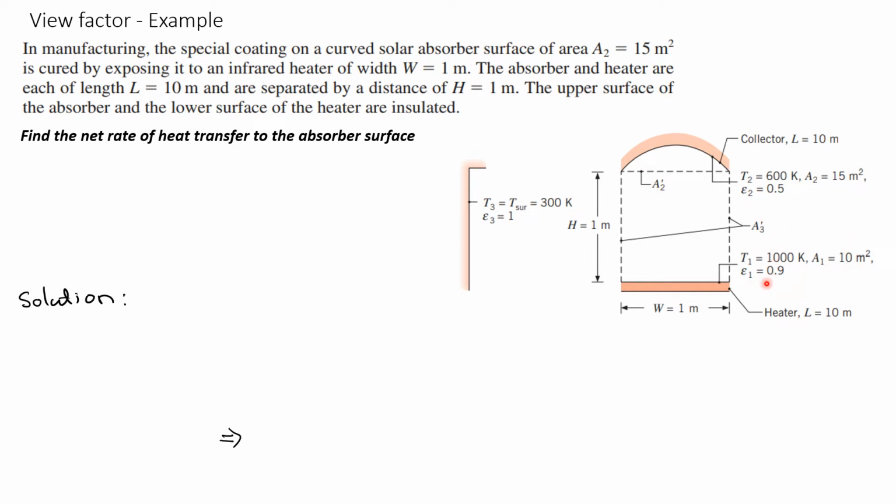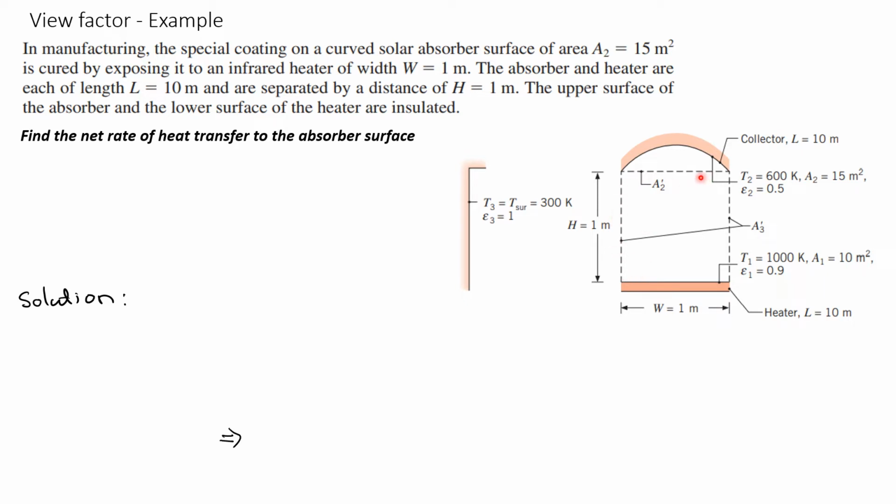and we know the areas and the emissivities as well. To begin with this problem, because we don't have an enclosed surface, we draw an imaginary enclosure around the collector and heater assembly.